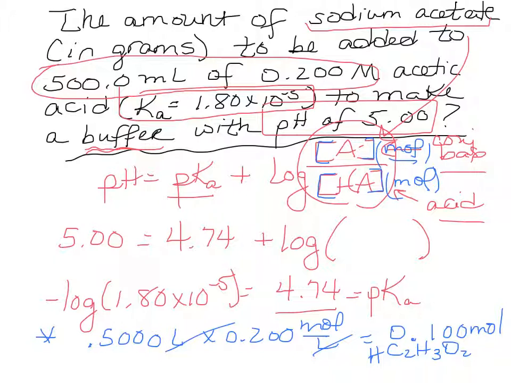There. All right, so we have 0.100 moles goes in the denominator, and we are trying to solve for the amount of conjugate base to add. So let me get a fresh page and move on to that.